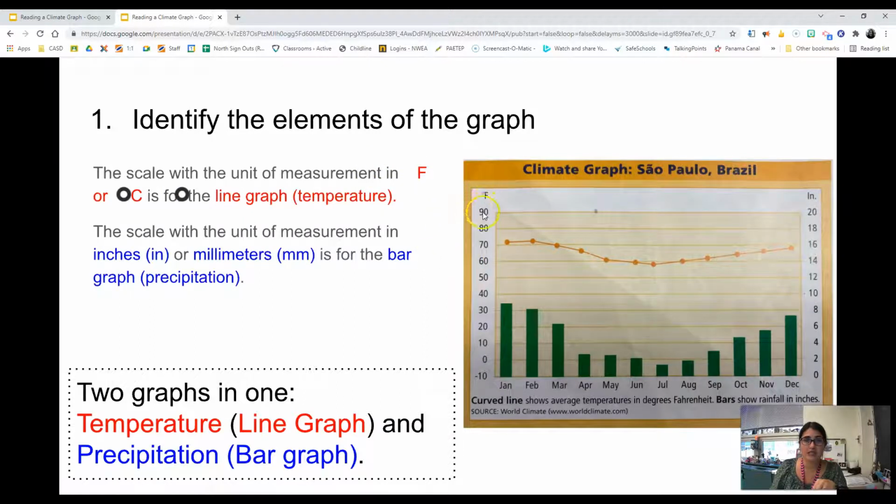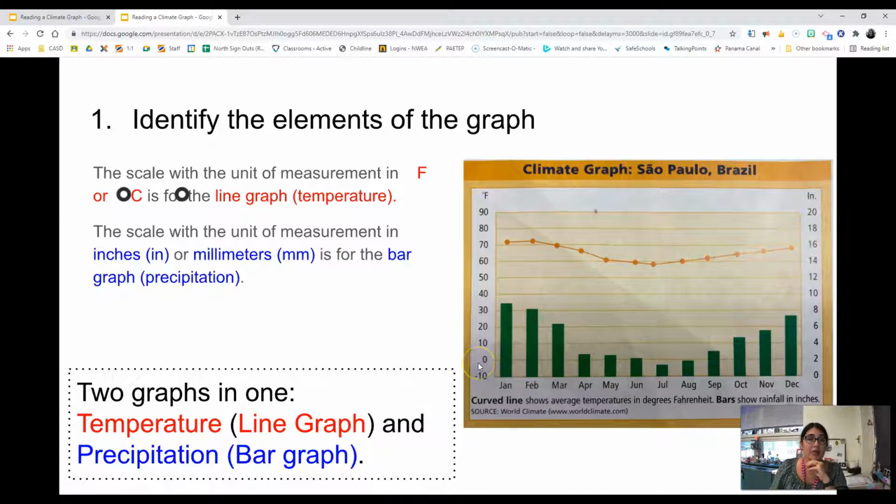You'll see the scale over here, and it goes from -10 all the way up to 90 degrees Fahrenheit. It says that that is for the line graph. So we see the line graph is in orange here, and that's our temperature. We know this because the line graph goes with this axis.